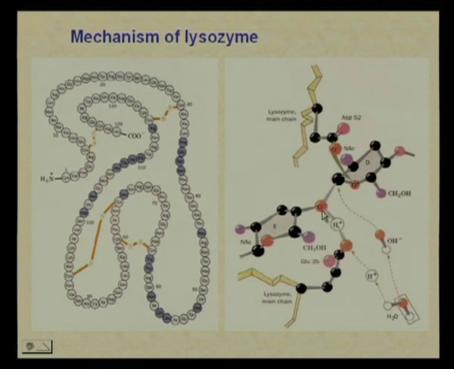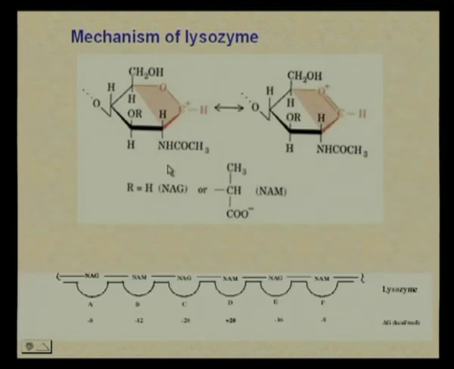Now, what happens here is we have a D ring and an E ring of the sugar chain. Now, we will see what that is in the next slide. Now, this is what is NAG and NAM. What are these? These are sugar molecules. Now, you've all studied sugar molecules in your organic chemistry class.